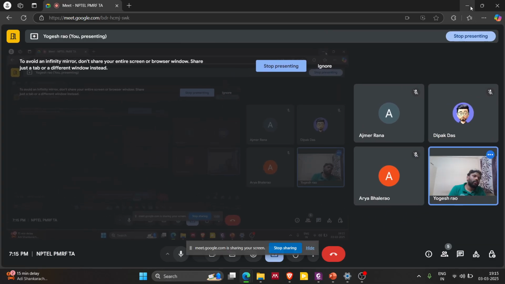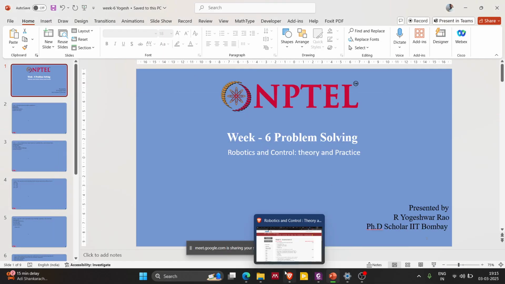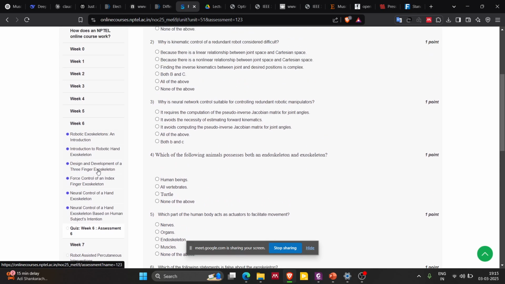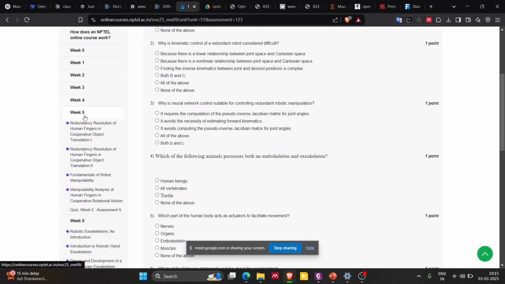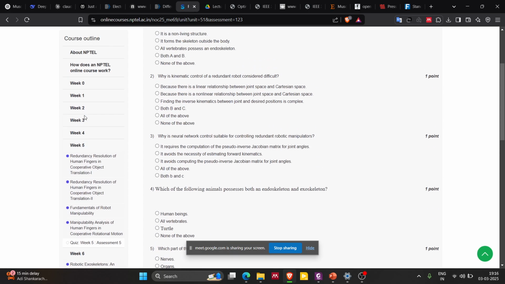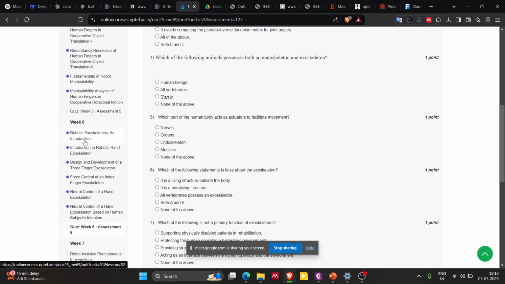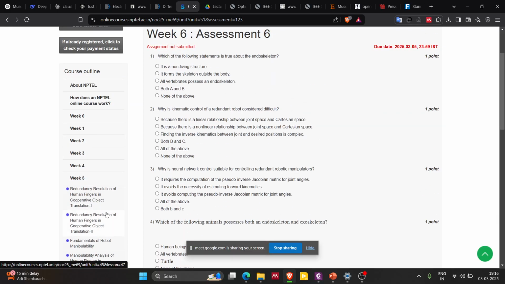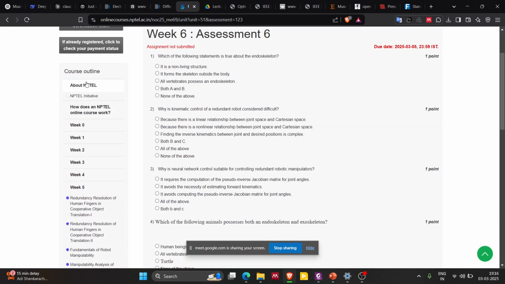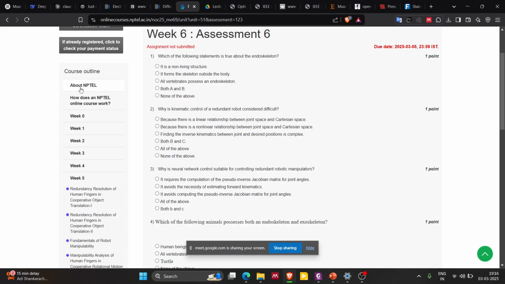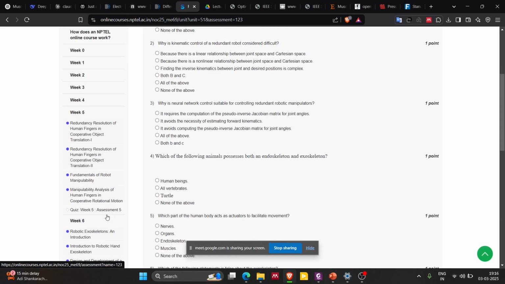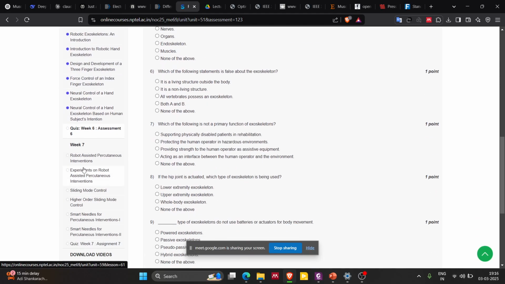From week 5 or week 6 onwards, the books you need to refer to, I think there is no particular book from week 5 to week 7.